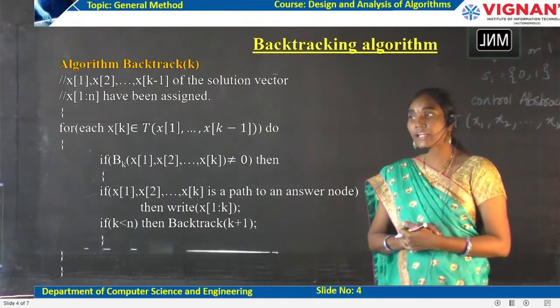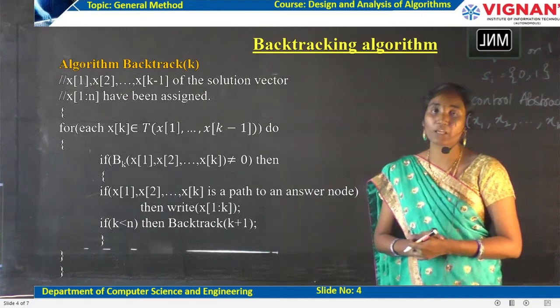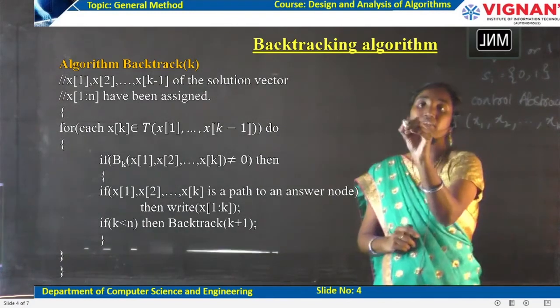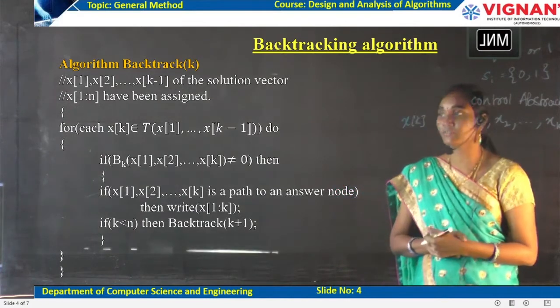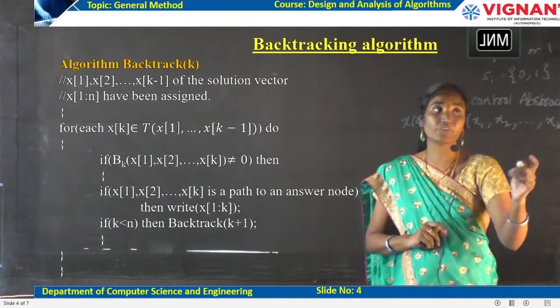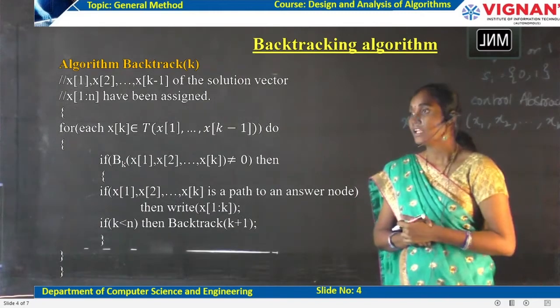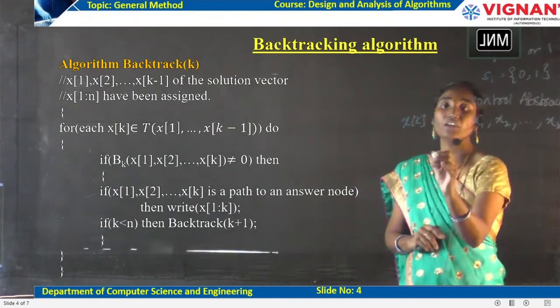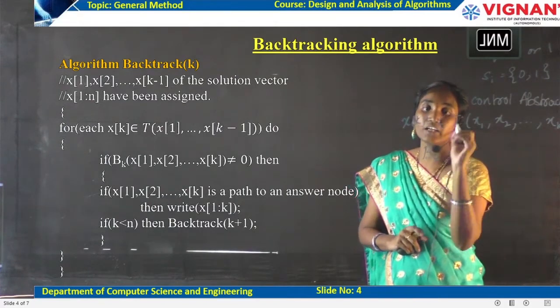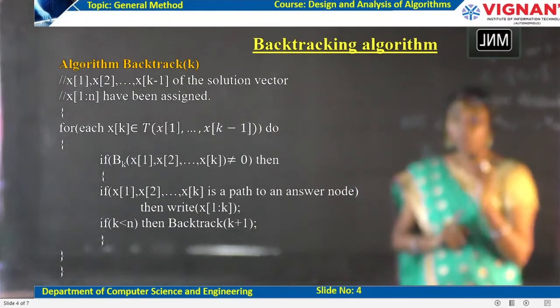Now for each x of k belonging to T of x1, x2 and so on x of k minus 1, there is a bounding function defined, which is of Boolean type.